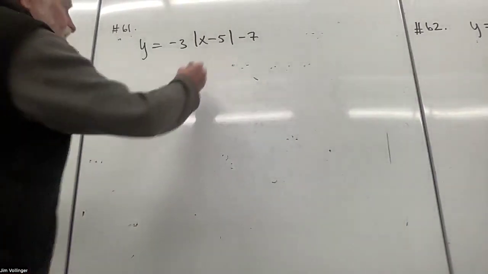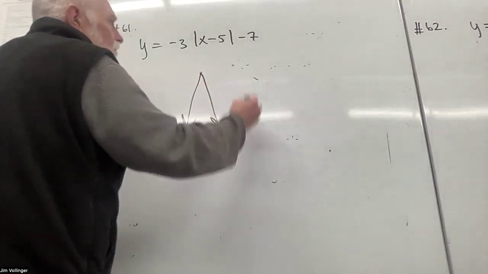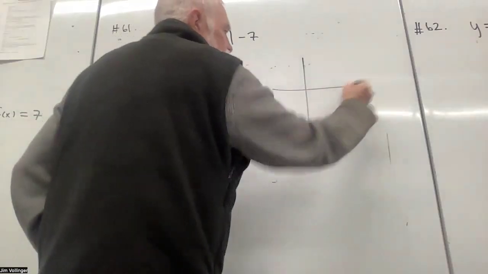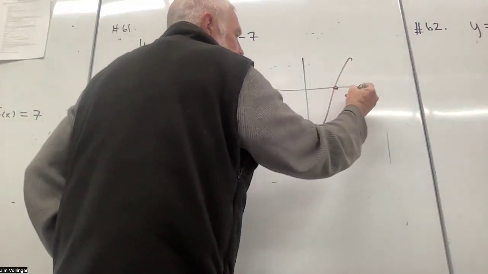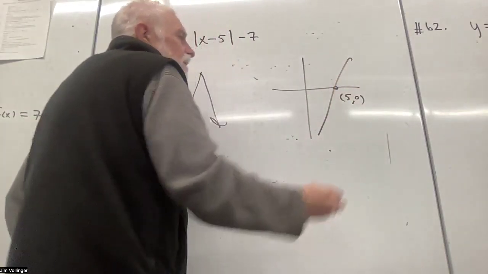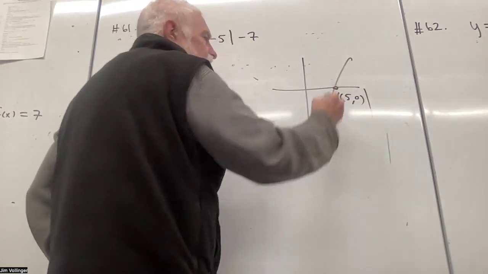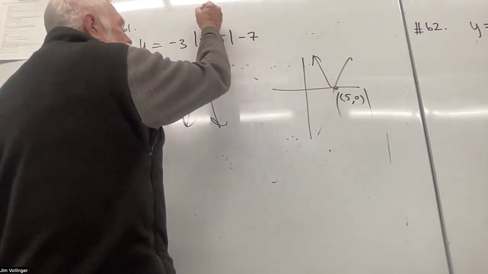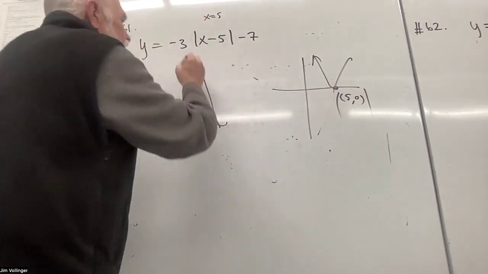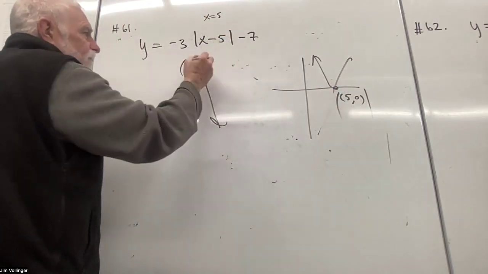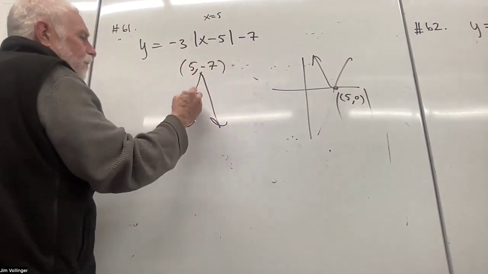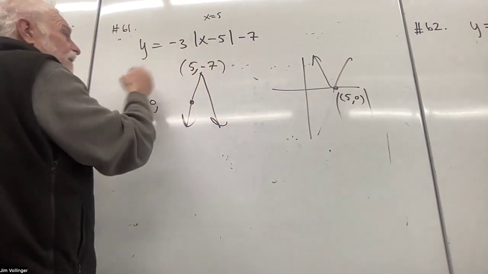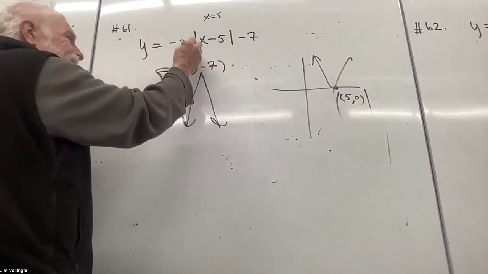Absolute value, V-shaped down. Remember, x minus 5 is a linear function that crosses through the x-axis at 5, 0. Slap an absolute value on this function and the negatives become positive. So this hinges at x equals 5. So at x equals 5, plug 5 in, you get -7. Therefore, the y-intercept is to the left of 5, that x value.